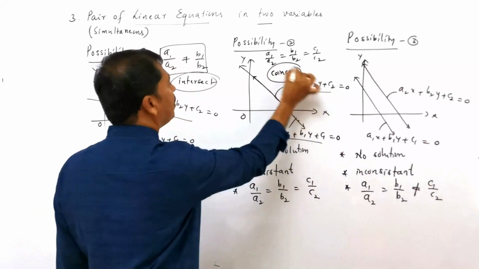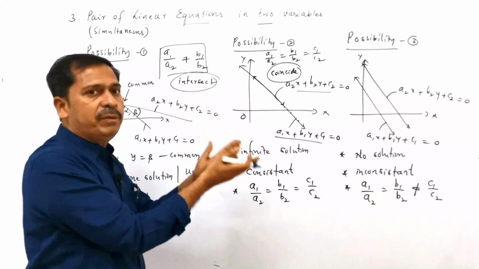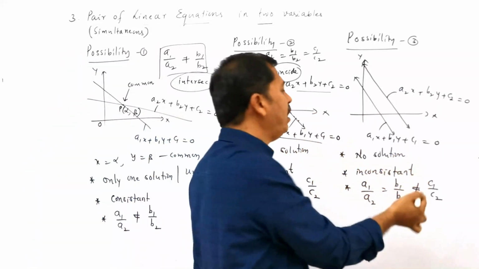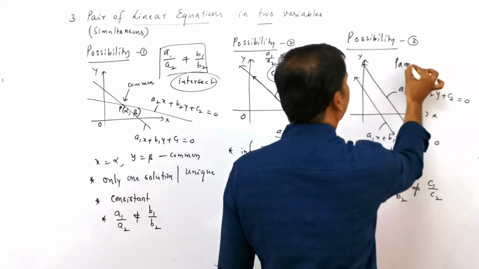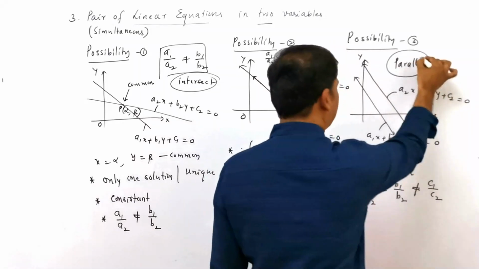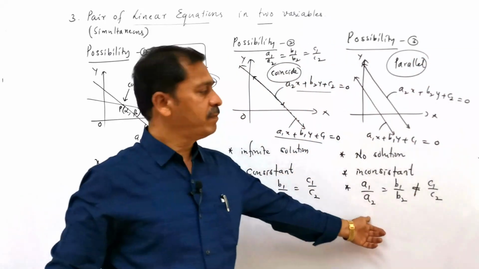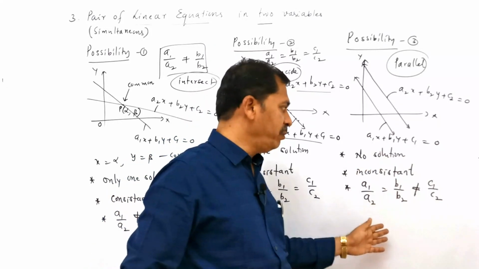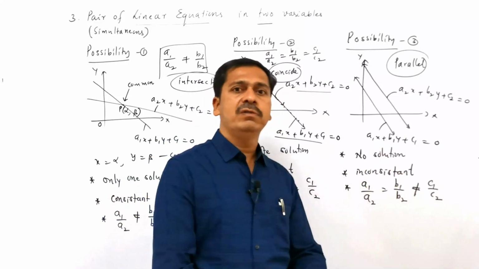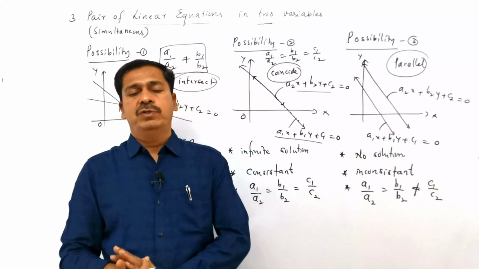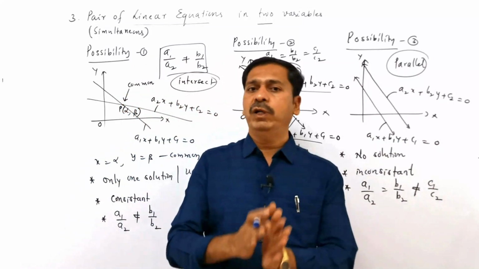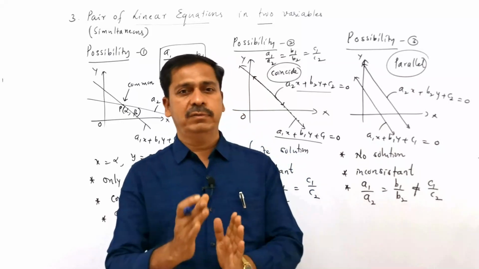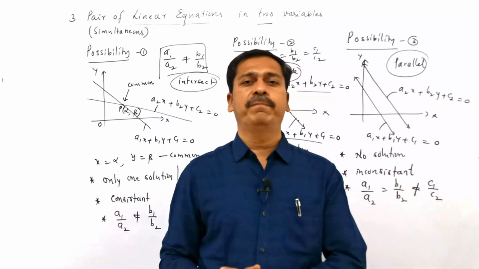They may intersect, they may coincide, they may be parallel. This is the third chance, parallel, and the algebraic condition is a1 by a2 is equal to b1 by b2 is not equal to c1 by c2. So this is one part of the theory of this topic.